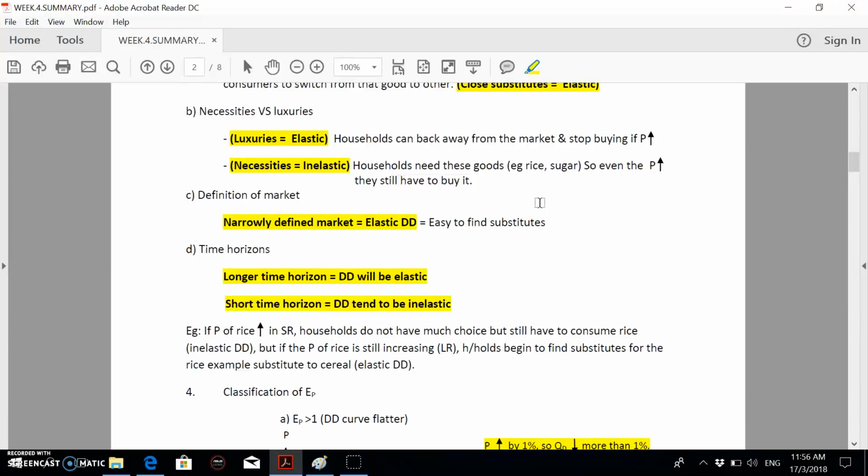You still have to buy it even if the price increases. You may cut down some of the quantity, however you still buy it, isn't it? So when the product is a necessity, the elasticity should be inelastic, because the moment the price increases by only 1%, you will demand less quantity, however in a smaller proportion compared to the increase in the price.